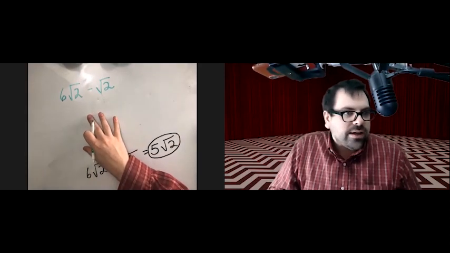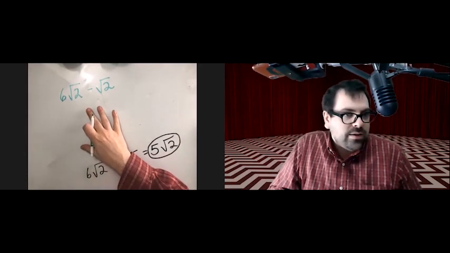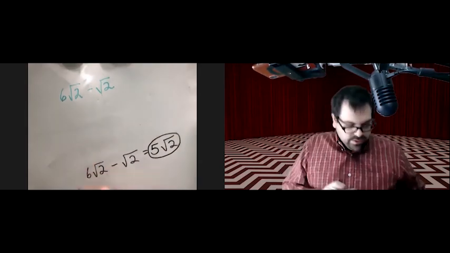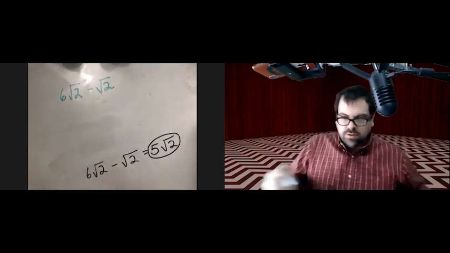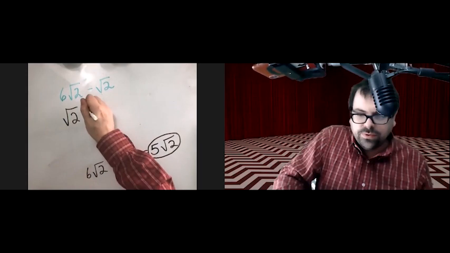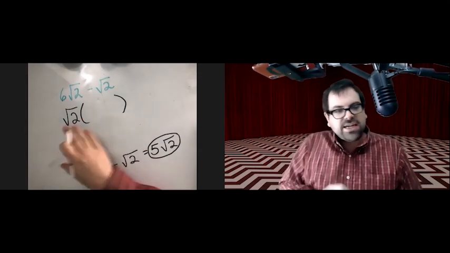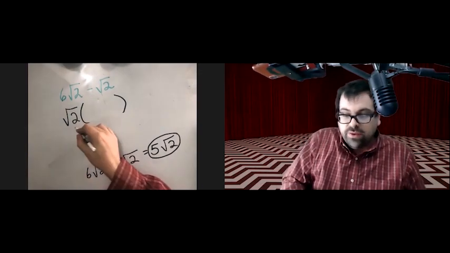What's really going on here? To simplify, we can factor out a radical 2. And if we factor out a radical 2, what are we left with?